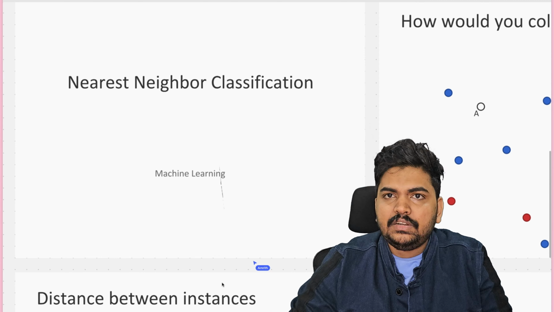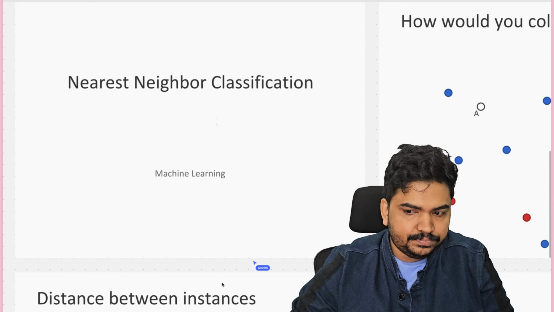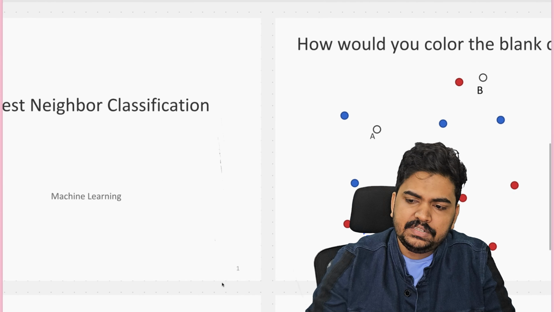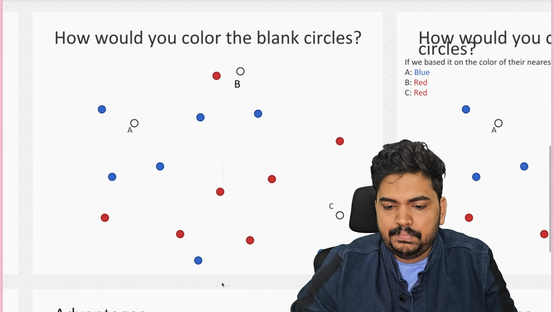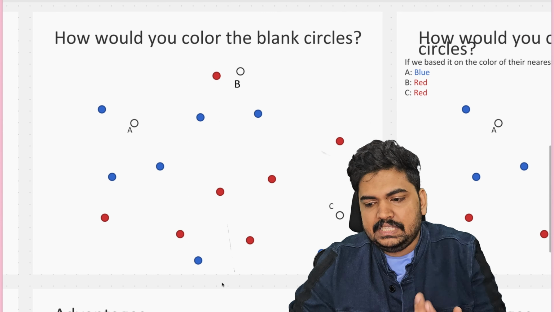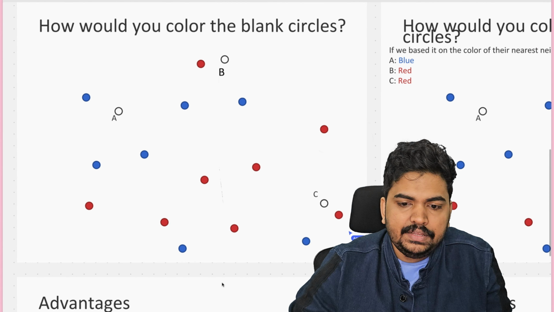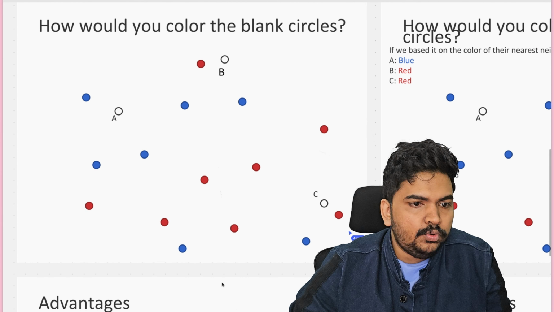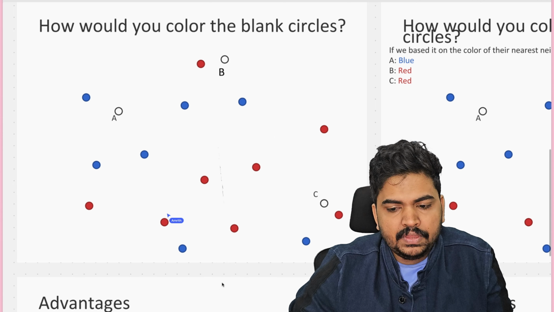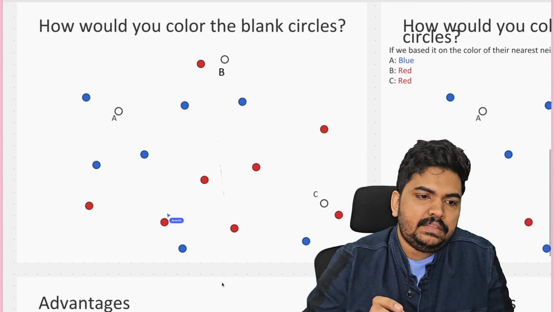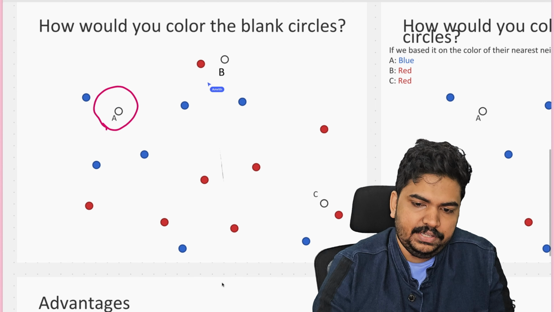So let's look into nearest neighbor classification. Let me illustrate it with the scenario that you can see here on the screen. There are a few red dots and blue dots, and three circles which do not have a color yet.